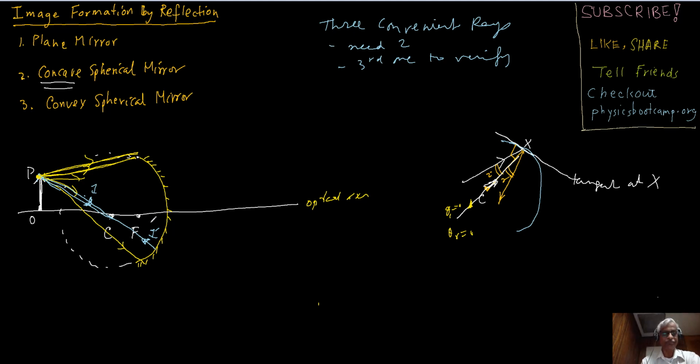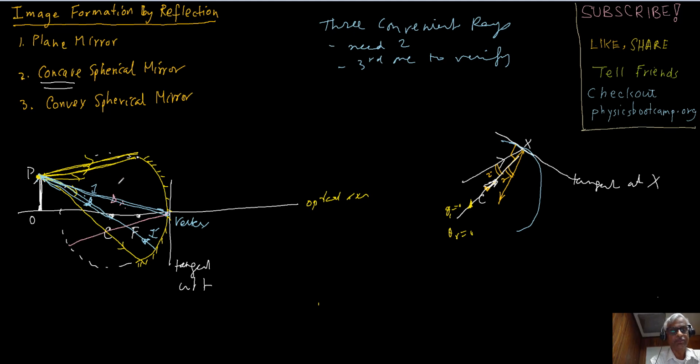Well, if we draw at this vertex, at the vertex, this is the tangent. So the angle of reflection is very easy to get. Completely symmetric to that is going to come out.